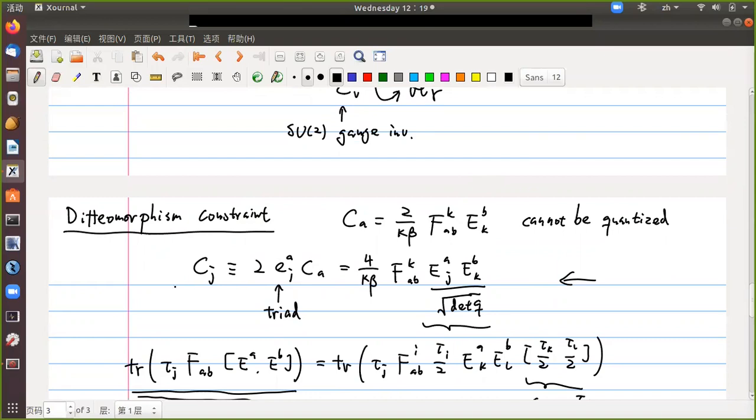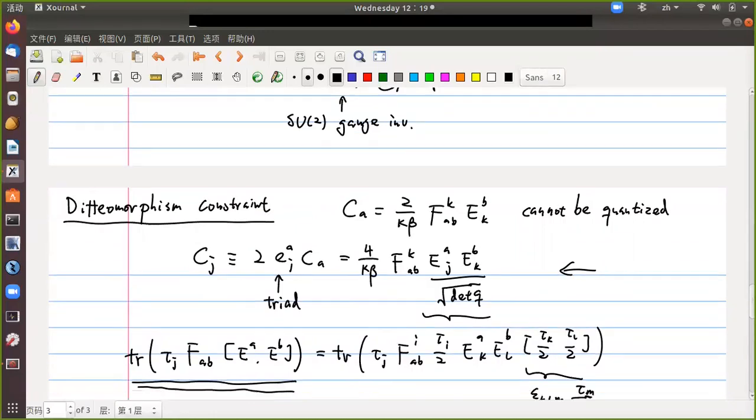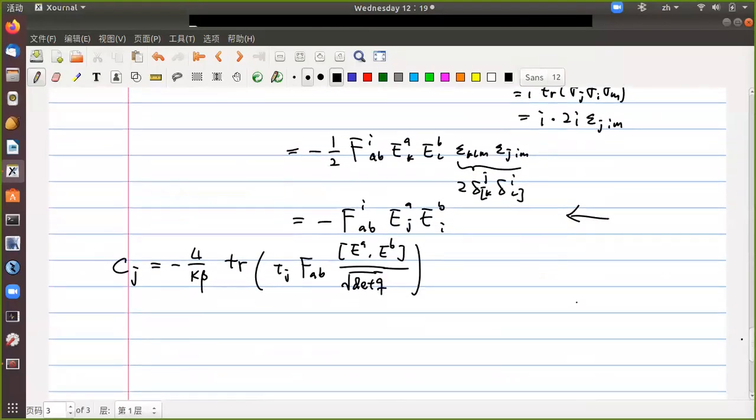So we got a modified equivalent diffeomorphism constraint, and now we find we can express this modified diffeomorphism constraint in an expression which is very similar to the Hamiltonian constraint. The only difference is that we insert a Lie algebra generator in the trace. Therefore, this expression can be quantized similar to the Euclidean Hamiltonian constraint.